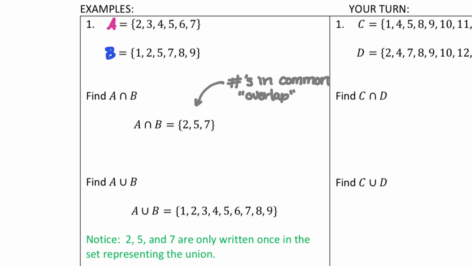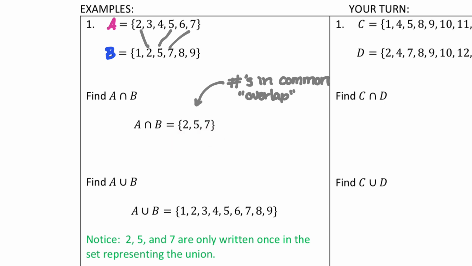Okay, so numbers they have in common basically means the overlap. Okay, so you see a 2 in both, you see a 5 in both, and you see a 7 in both. So those are the three that they have in common. And you write it as A intersect symbol B. So in other words, the intersection of A and B is these three elements in set notation.